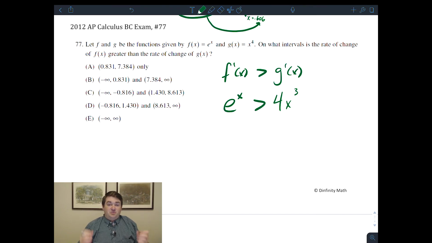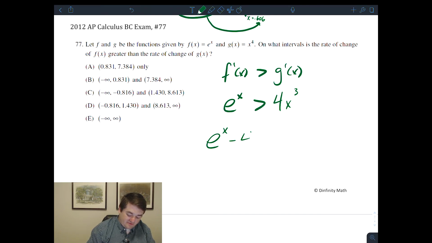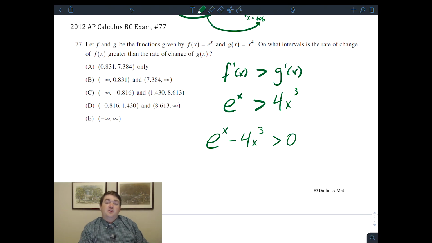You might be tempted to graph both of these separately and then look at the graph to see when one is higher than the other. Unfortunately, because the graphs are so close together, sometimes it's hard to tell. So better than drawing these two graphs separately, why don't we graph e to the x minus 4x cubed and see when that is greater than 0.